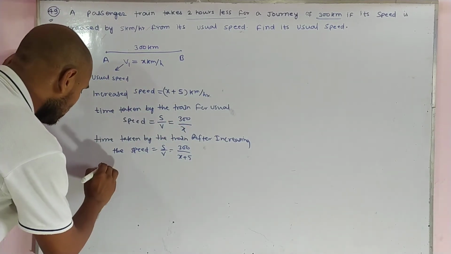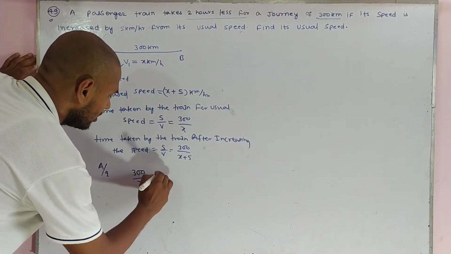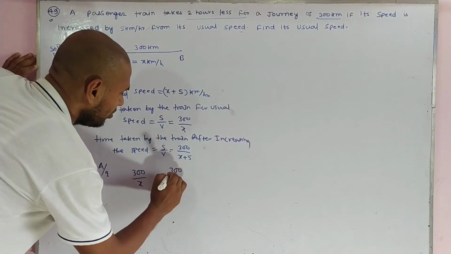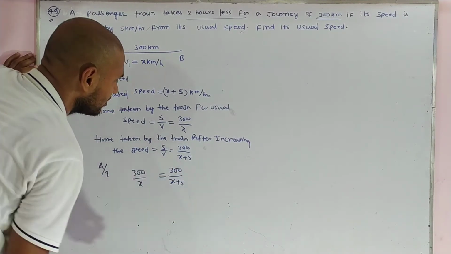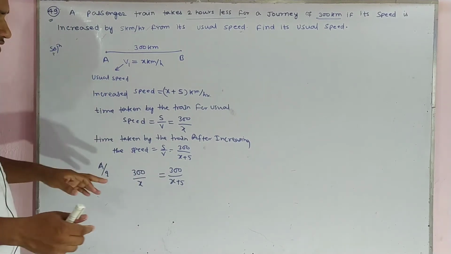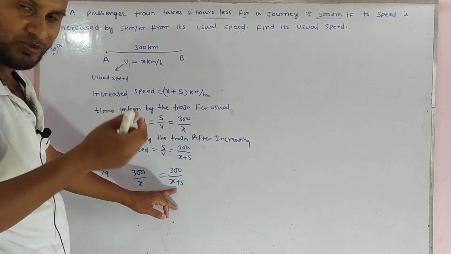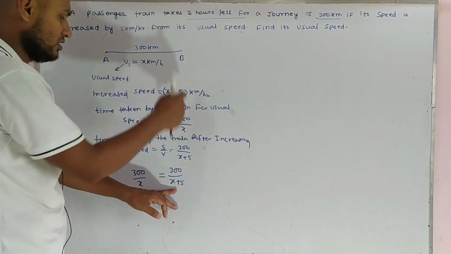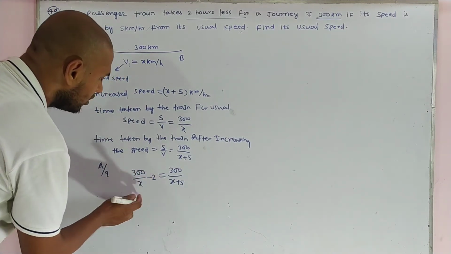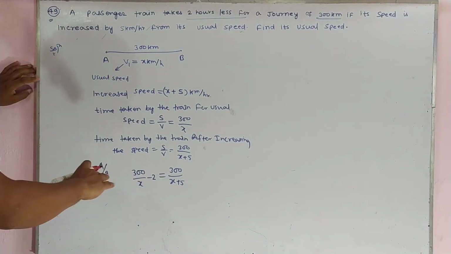So according to the question, we can write 300 upon x equals 300 upon x plus 5, and since the time decreased by 2 hours, we subtract 2 from the usual time taken by the train so that we can equate both terms.